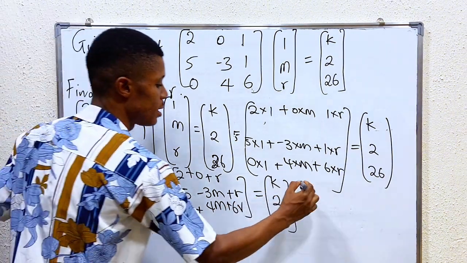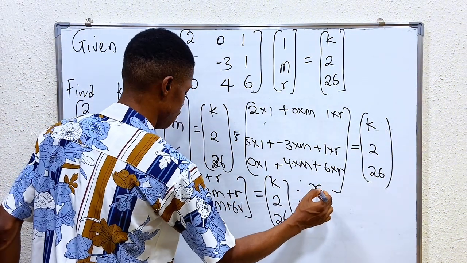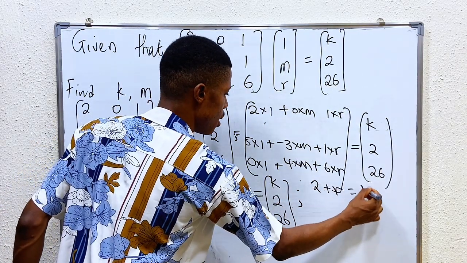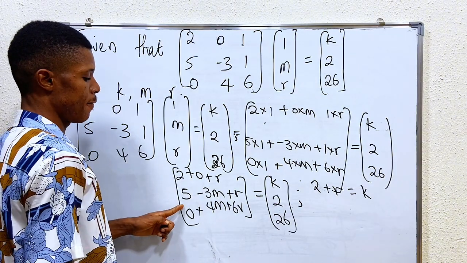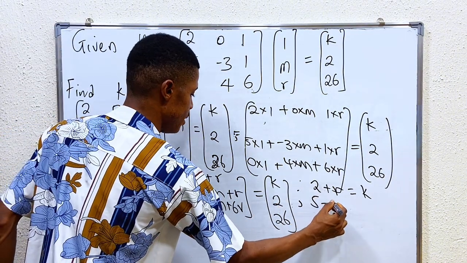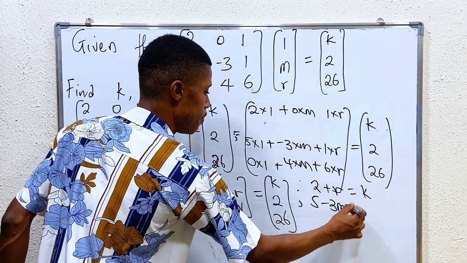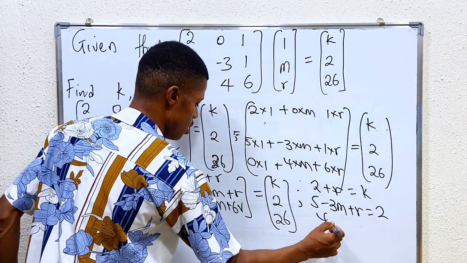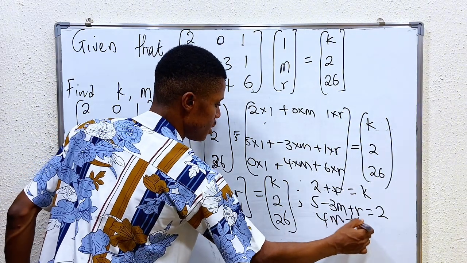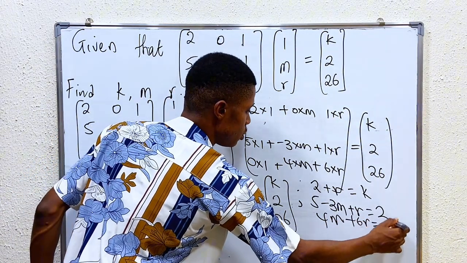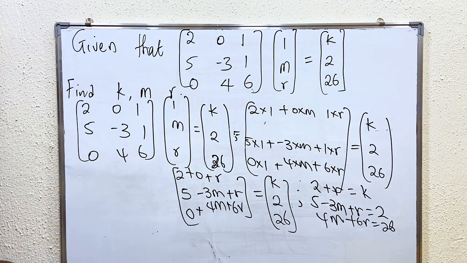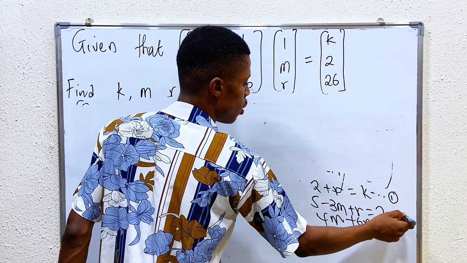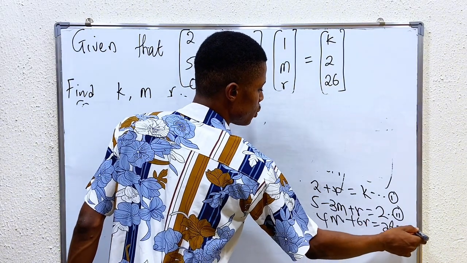So this implies that 2 plus r is equal to k, and 5 minus 3m plus r is equal to 2, and again 4m plus 6r is equal to 26. This is the new equation generated: equation 1, second one equation 2, third one equation 3.